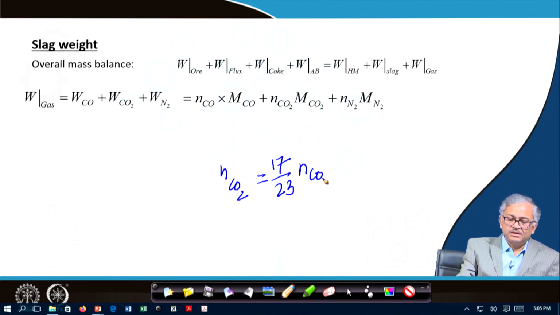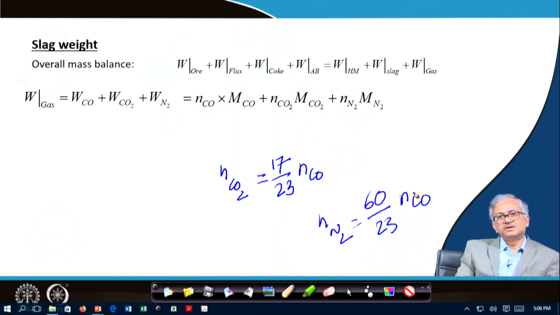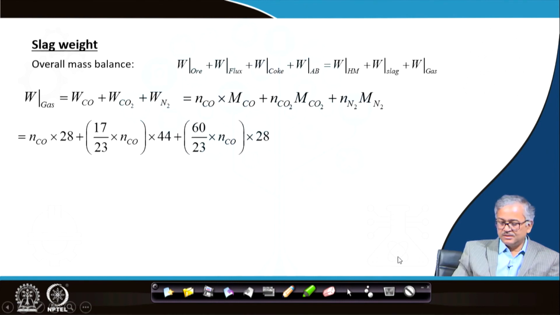Similarly, I can get the moles of nitrogen: 60 volume percent is nitrogen in the exit gas, out of 23 for CO, and NCO is known to you. So this is the moles of nitrogen, isn't it? This way we can calculate it.